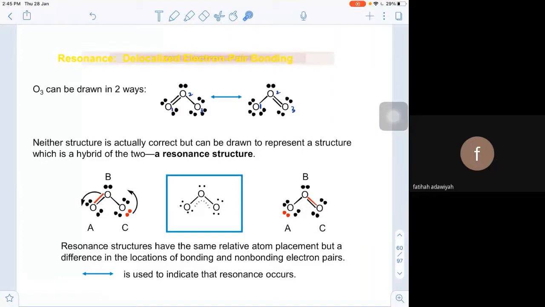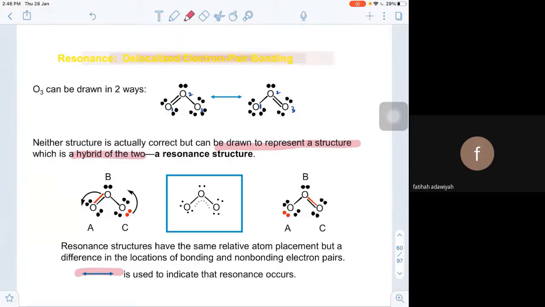When we draw the resonance structures, we have to include the resonance arrow. Actually, neither structure is correct by itself to represent ozone, but they can be drawn to represent a structure in which the actual structure is the hybrid, a mixture, of the two.